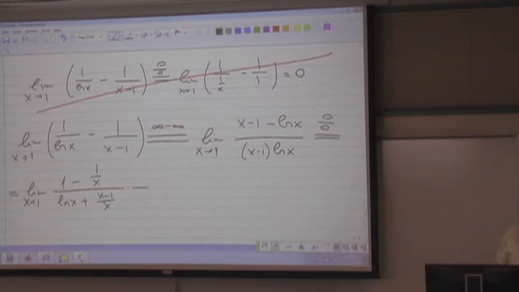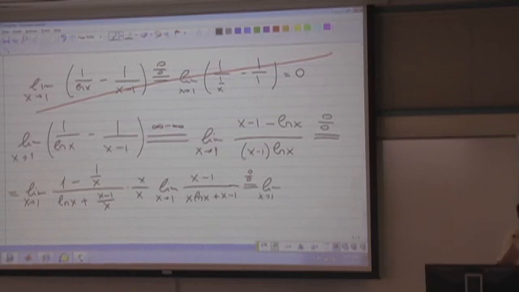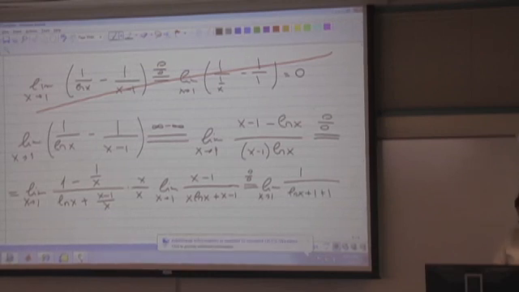So if I multiply and divide by x, which just says I'm multiplying and dividing by 1, I end up with x minus 1 over x times ln of x plus x minus 1. This is still 0 over 0. So if I take derivatives now, I have 1 over ln of x plus 1 plus 1. Plug in 1 for x, and you end up with a half.